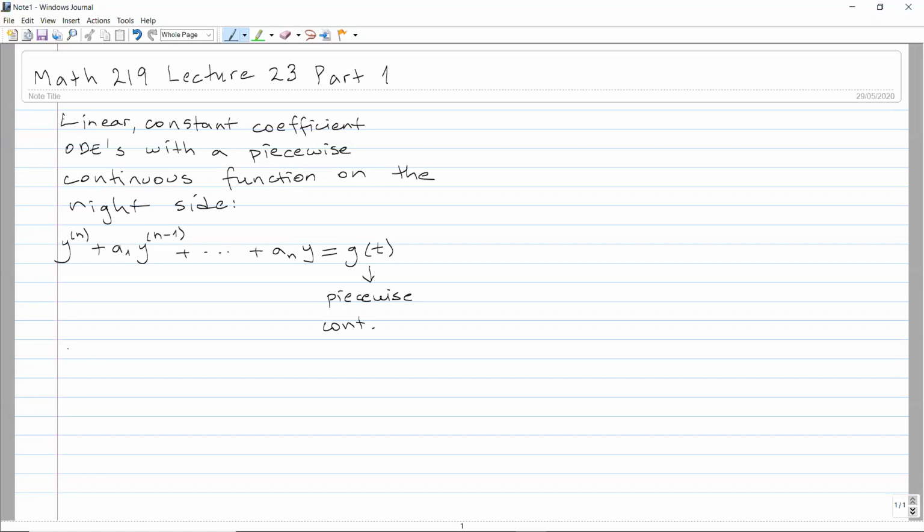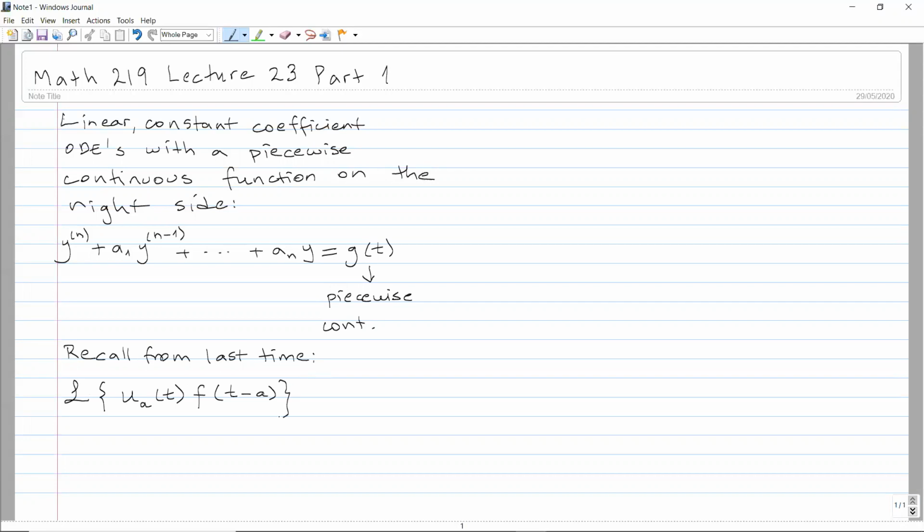And recall from last time that, first of all, we write piecewise continuous functions using unit step functions, and the Laplace transform of a unit step function at the number a times a function f of t minus a.